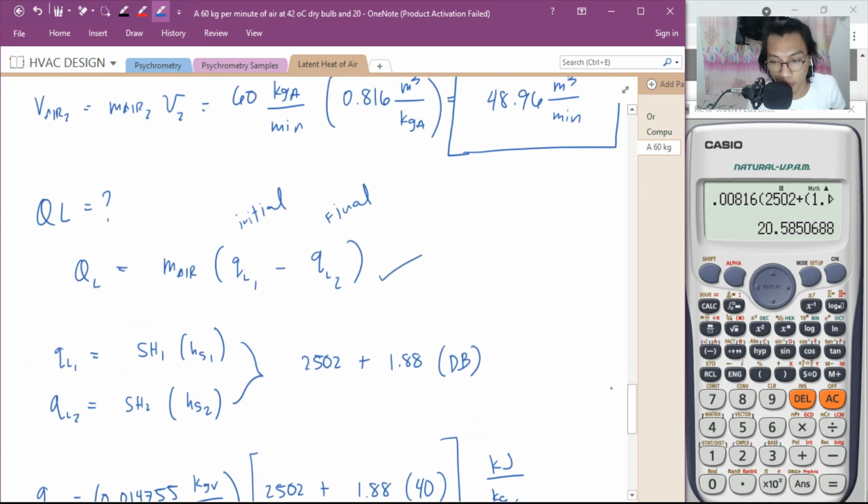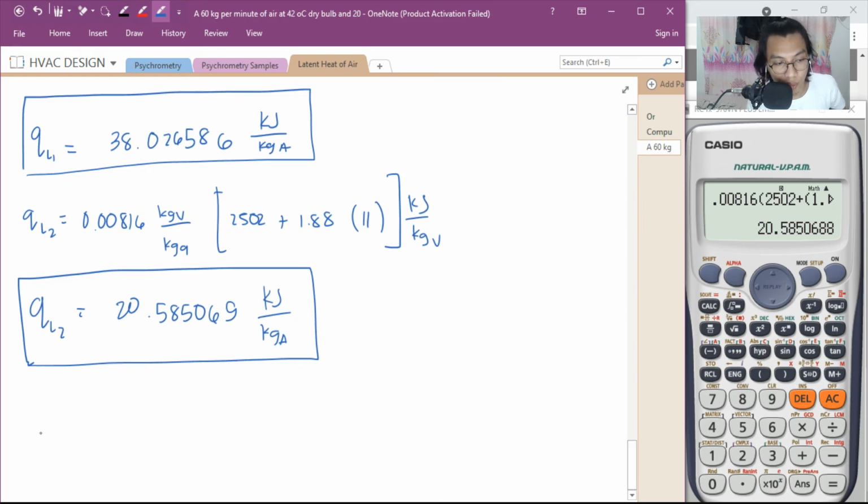Now we can find yung latent heat. So, the latent heat, therefore, QL is equal to yung mass ng air, 60 kilogram air per minute.